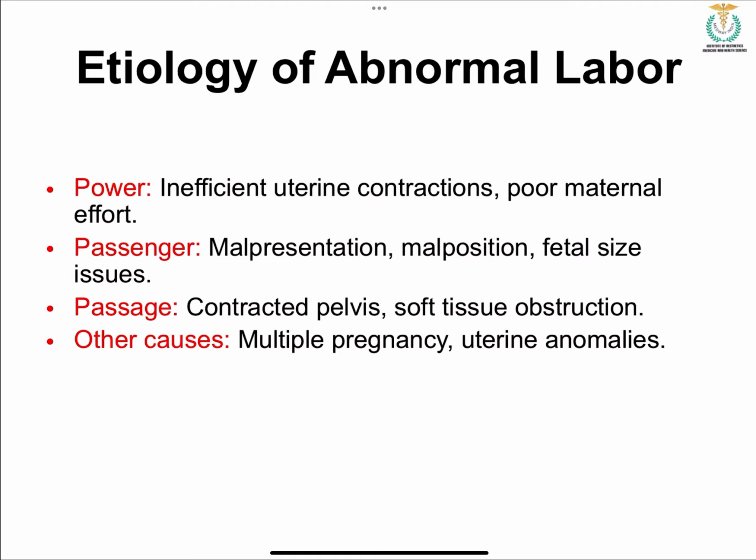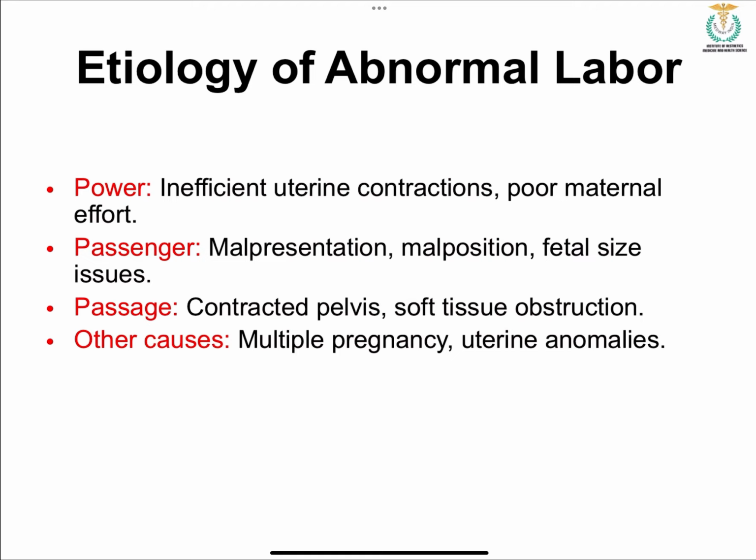Third is the passage. Check the maternal pelvis and soft tissue: contracted pelvis, pelvic tumors, or previous scarring, which cause mechanical obstruction, that is the CPD. These are the things which can affect the passage and lead to abnormal labor.